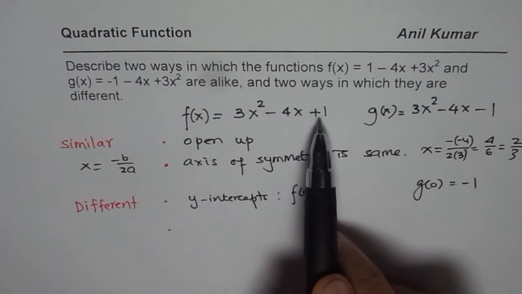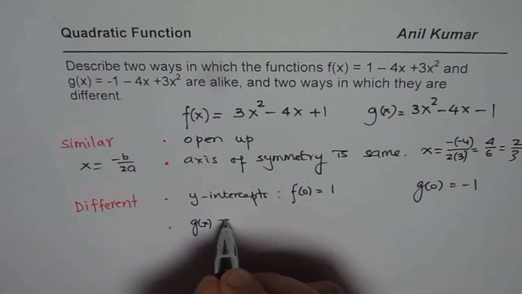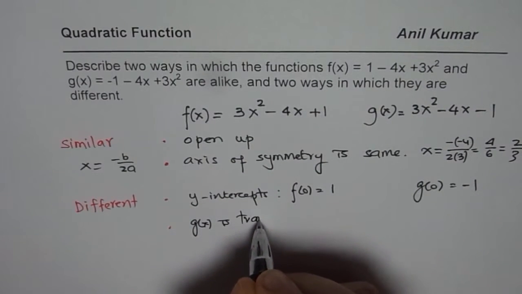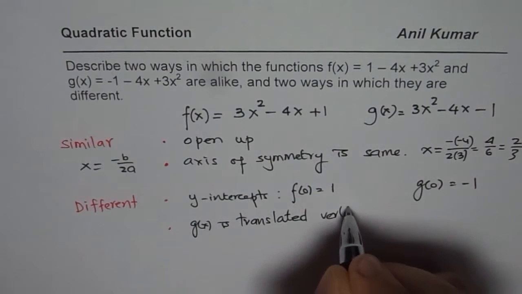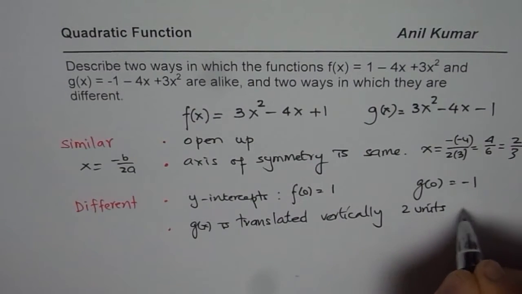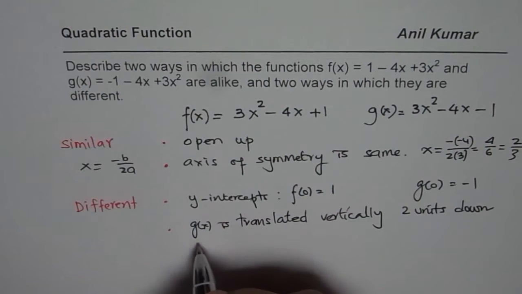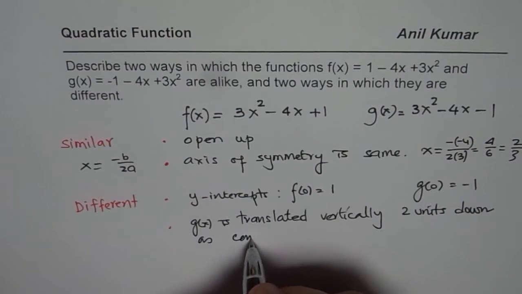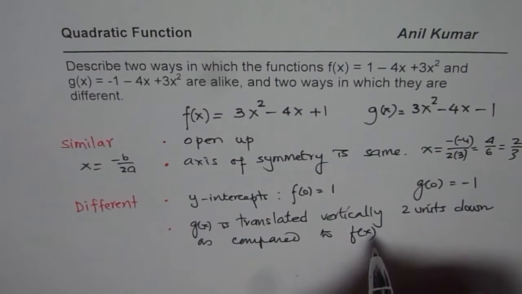So if you compare these two functions, g of x is translated vertically 2 units down as compared to f of x, correct?